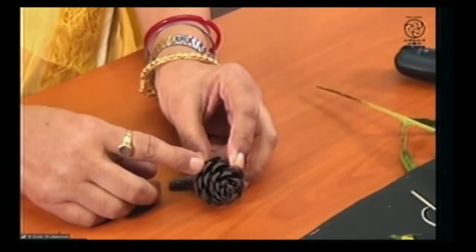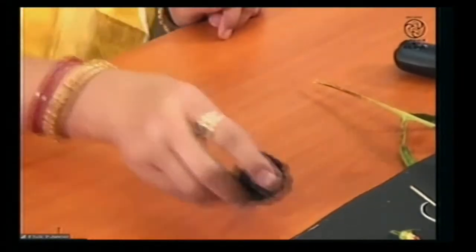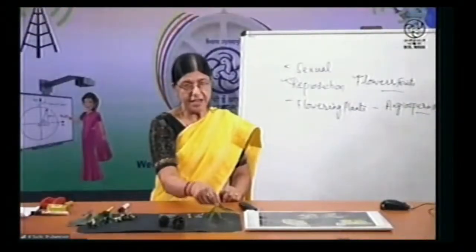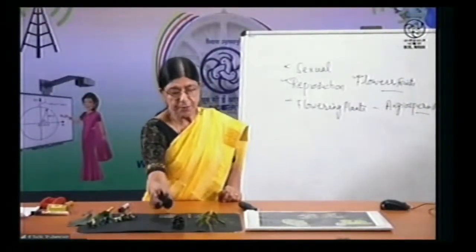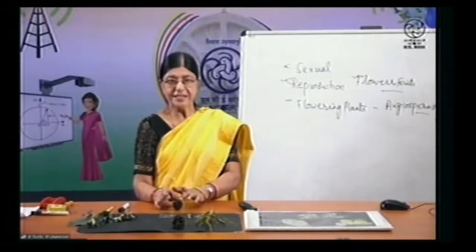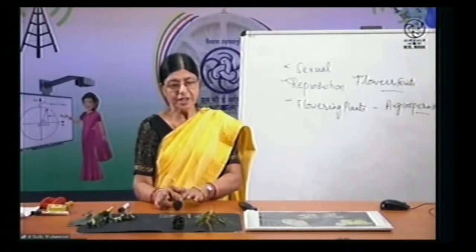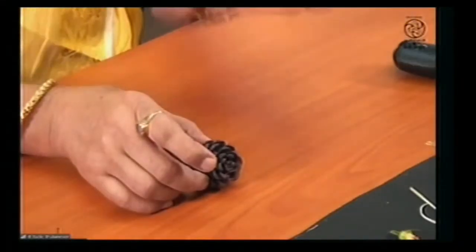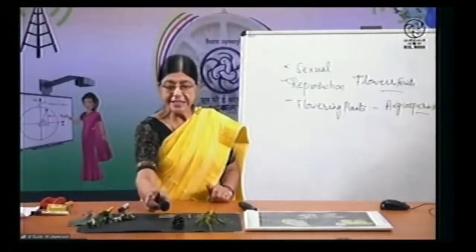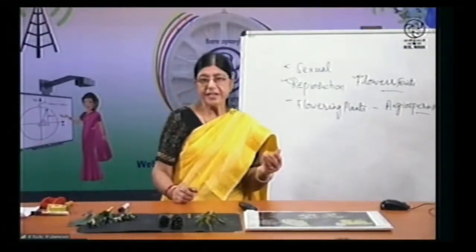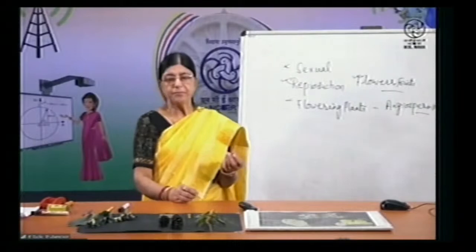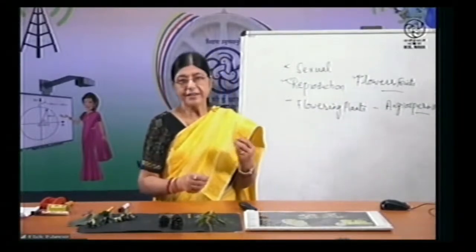So I've shown you three groups. Here also the spore-bearing structure is present in gymnosperms, in this cone. In pteridophytes it is present on the underside of the leaf, and in moss, the spore-bearing structures are borne by small stalked capsules.